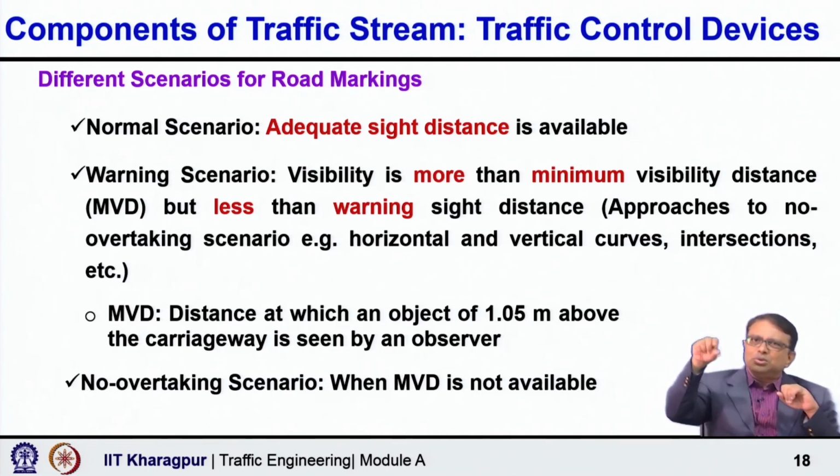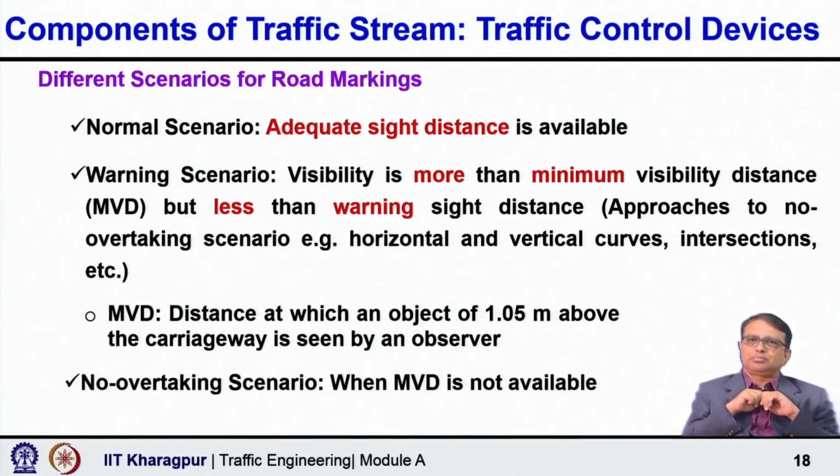How then do you do the center line marking? The next is the warning scenario. What is the warning scenario? The code again provides very detailed tables and values. I will only try to say very briefly that where the visibility is more than the minimum visibility distance MVD, but less than the warning sign distance.